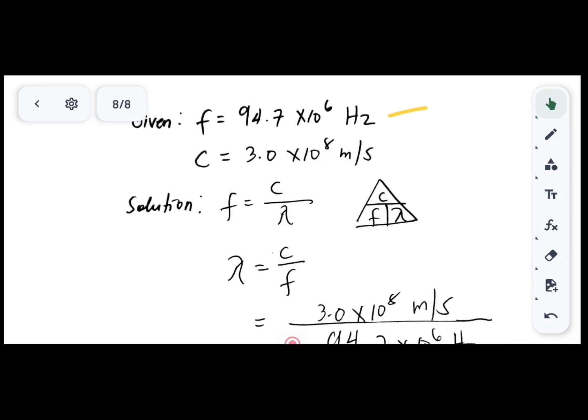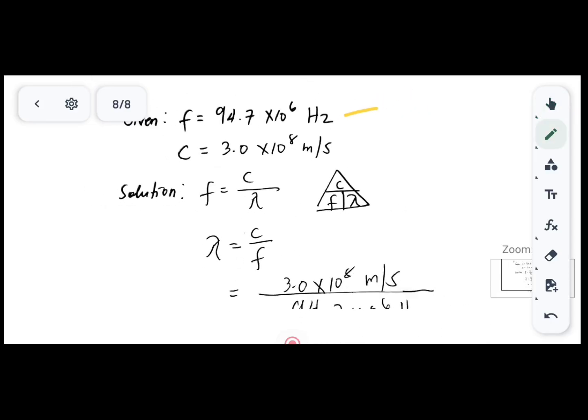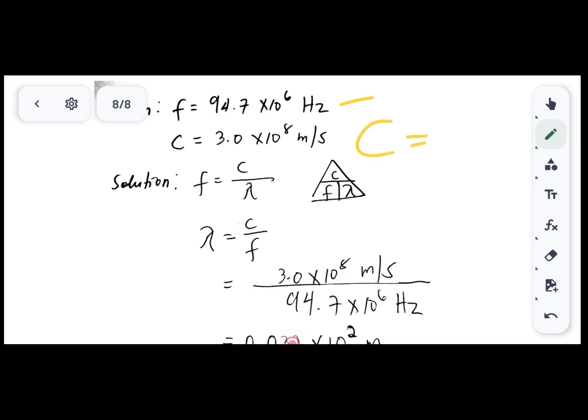The next thing you need to do is, of course, manipulate the equation. From the original, you have the equation C equals frequency multiplied by lambda. And since we are talking about finding the wavelength, that means we have to find the lambda. We have to isolate the lambda, and we cannot use this equation.